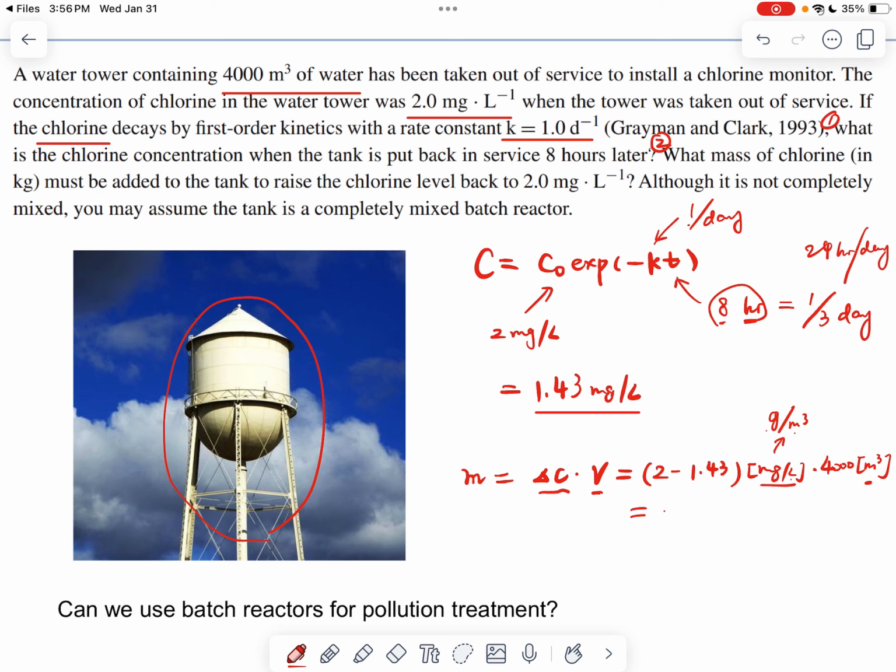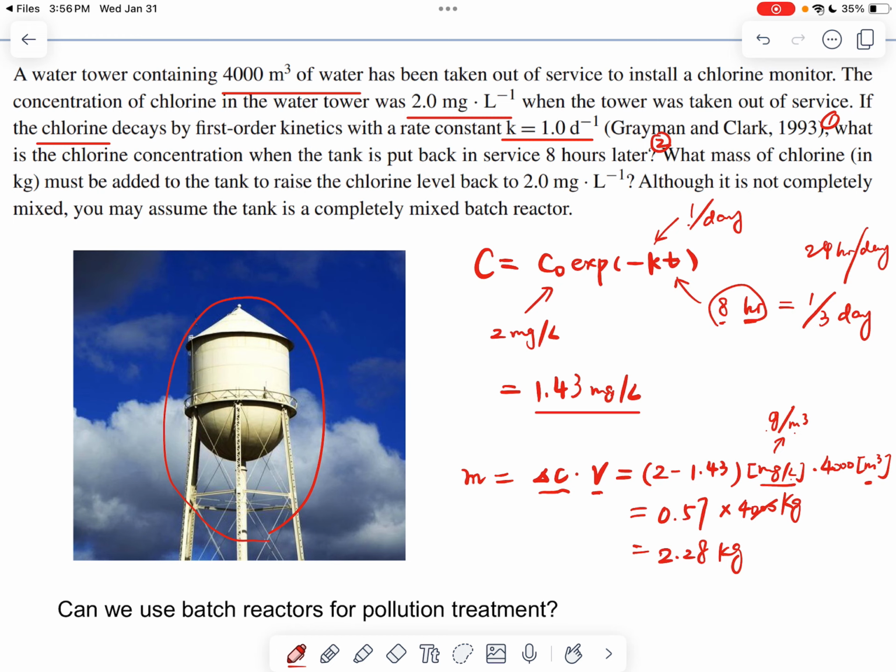So it's going to be the same. So you're going to have 0.57 multiplied by 4,000 grams. So then 1,000 gram is 1 kilogram. So you can remove this 1,000 here, change it to kilogram. And then you're going to find the final additional mass is going to be 2.28 kilograms.